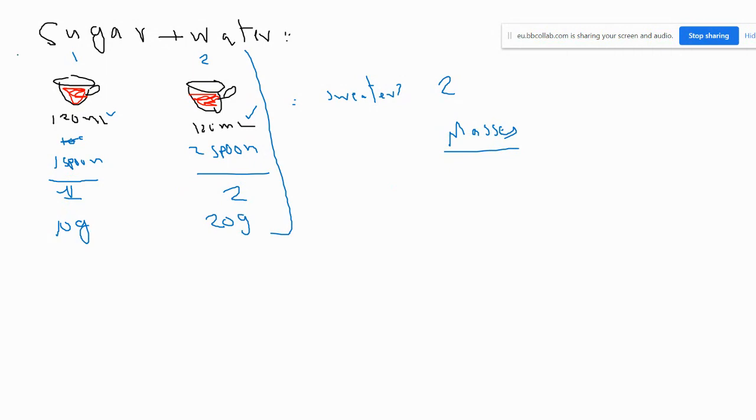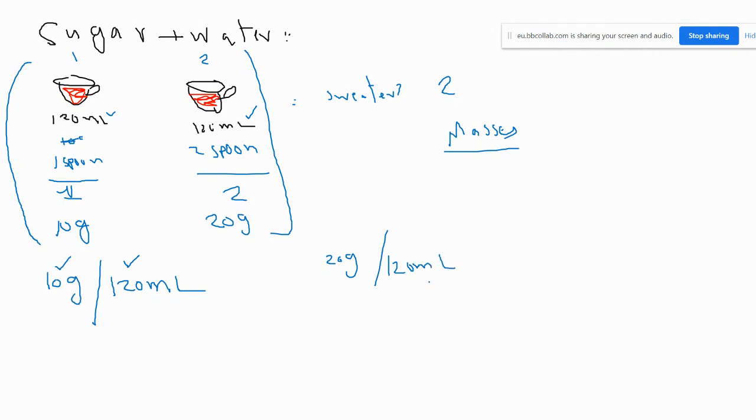If I want to write it in a scientific way, for this one we say 10 grams and 120 milliliter. Of course, 10 grams of sugar we dissolve in 120 ml of solution. In the second one, we say 20 grams and 120 ml solution. That's very nice. It makes sense now because we know exactly the mass and the volume.